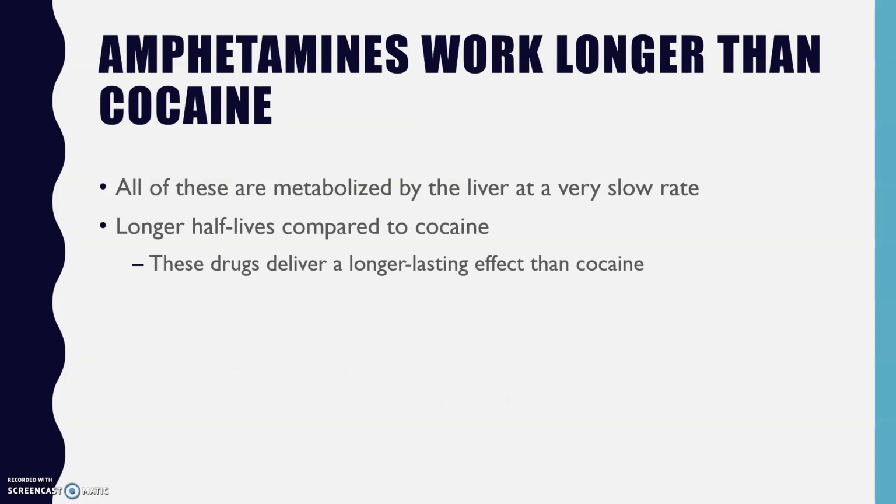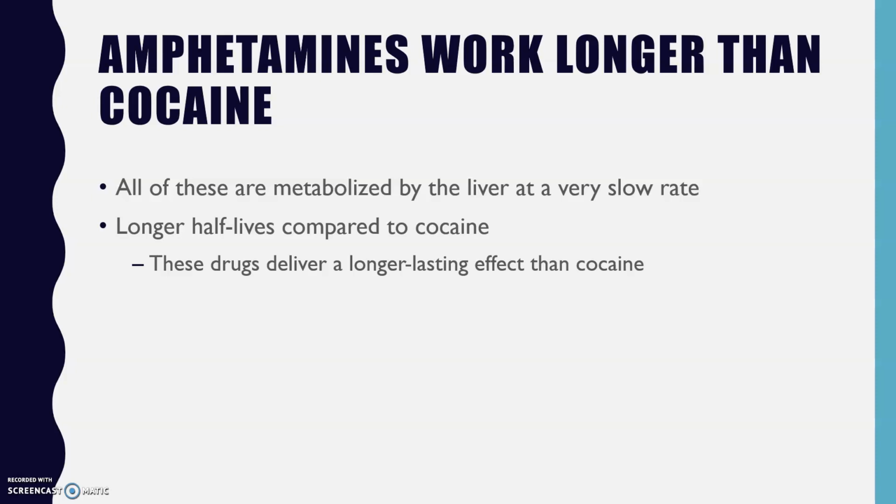Amphetamines typically will work longer than cocaine. I mentioned that cocaine basically has a half life between 30 minutes and an hour and a half, which means that the drug can be completely cleared from your system between an hour and a half to 4.5 hours. Amphetamines are different.